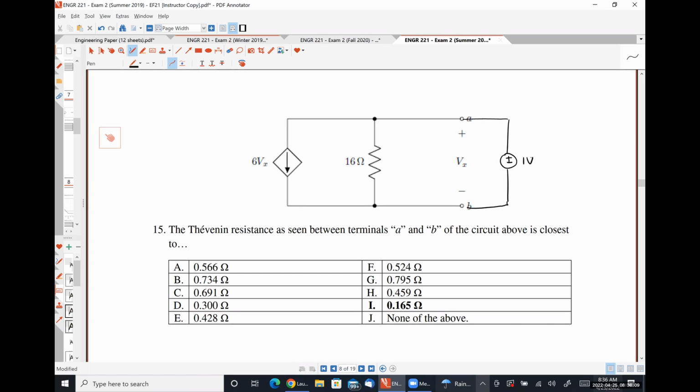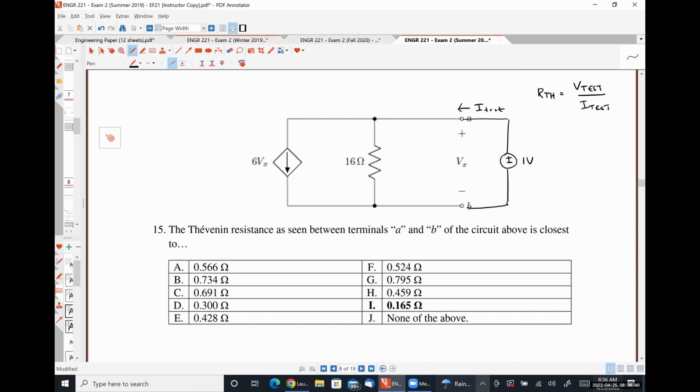Now, the reason why I'm using a voltage test source in this particular problem is because I have just decided what the voltage Vx is, right? My goal here is to figure out what this current I test is, because I know that R Thevenin is equal to V test over I test.